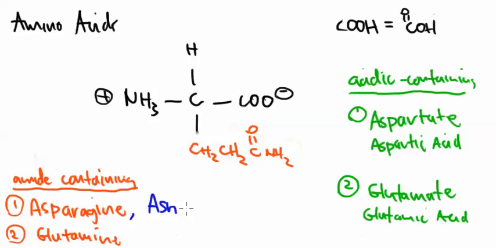So ASN is what asparagine will go by. And asparagine has a one-letter abbreviation of N. A is already taken, S is already taken. The N, well, that's kind of next in line, so that's what we choose for the one letter.